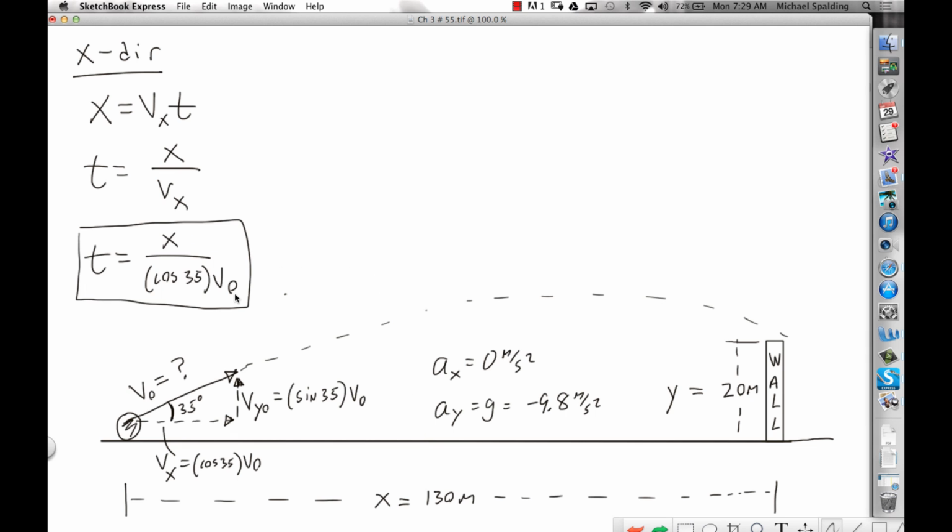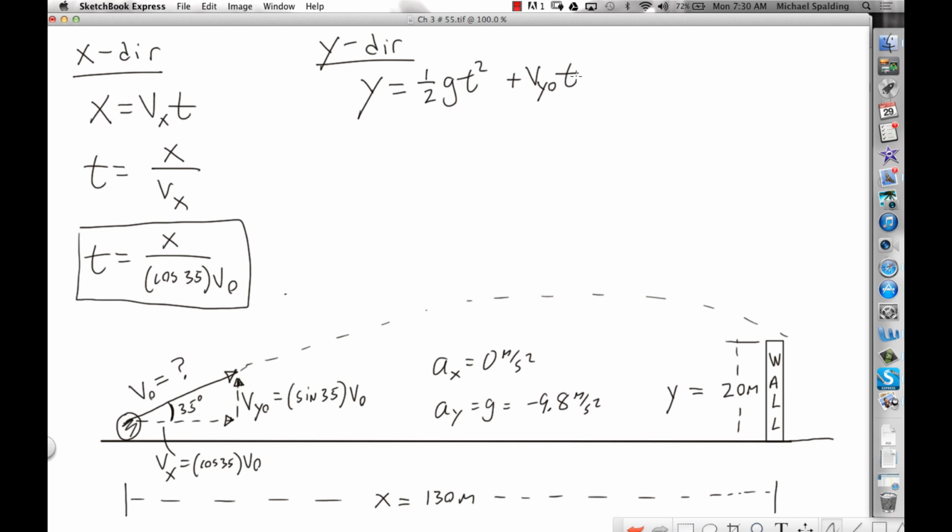Okay, so now we go to the y direction and write an equation for what's going on in the y. Hey, the most commonly used kinematic is the first one. I don't know if you've noticed that. The first one on the list of kinematics is the most commonly used. Y equals 1/2 gt squared plus vy initial t.